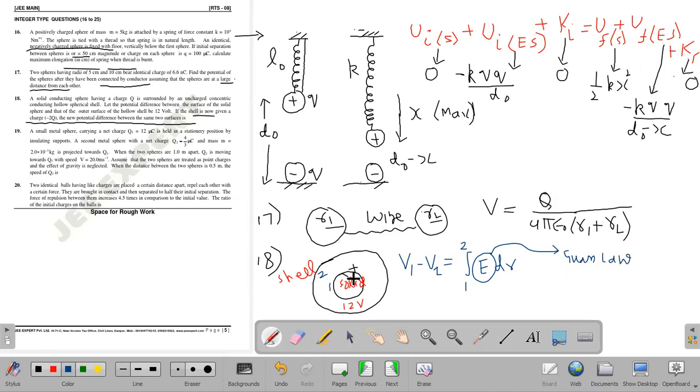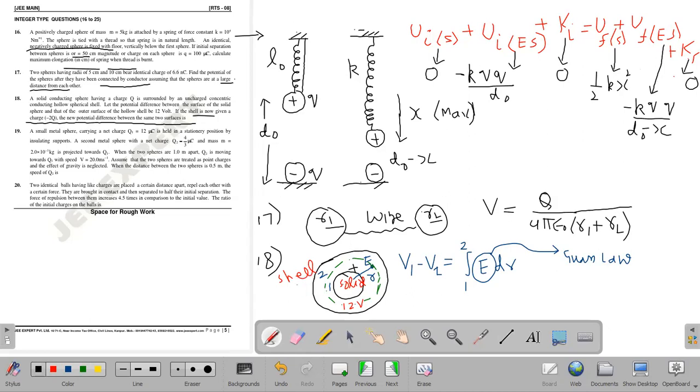So if I try to find the electric field at a point between these two surfaces, what we will do is draw a Gaussian surface. The Gaussian surface between the solid metal and the metallic shell will include the charge of the inner solid sphere, no matter what the charge on the outer shell is.